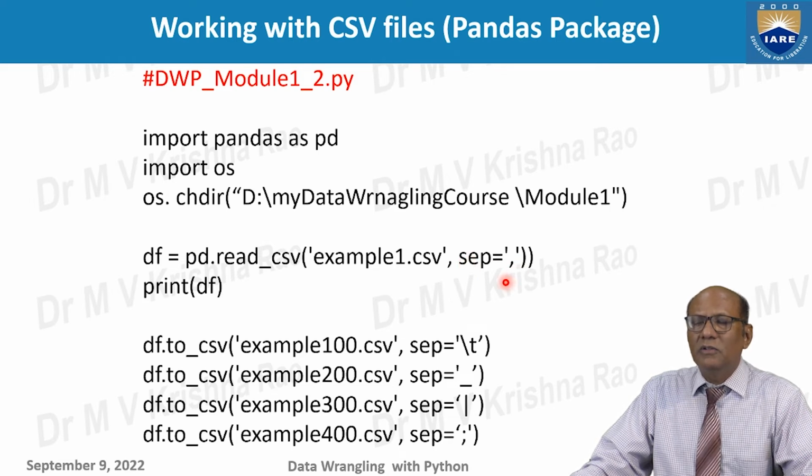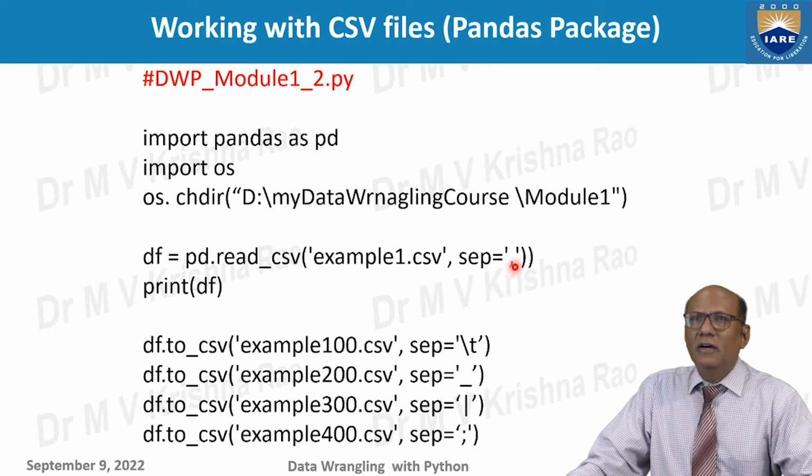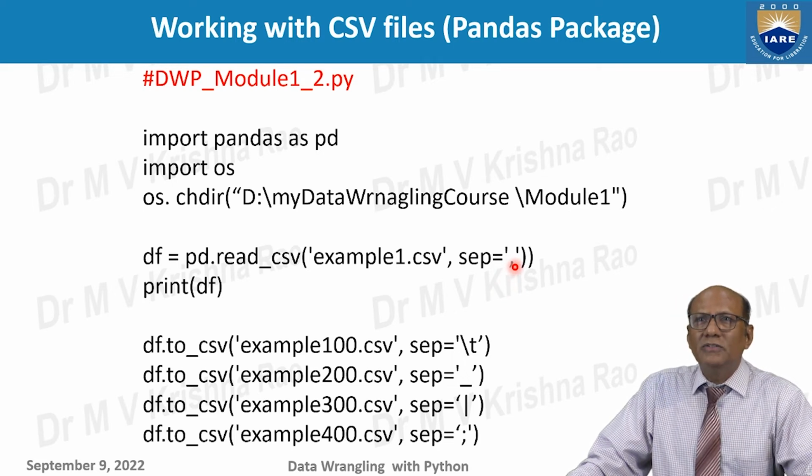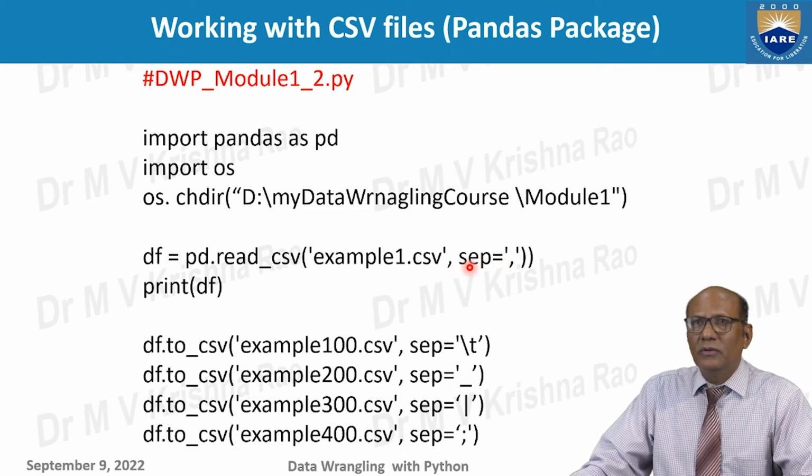Most of the CSV files have the default separator as comma, so you can skip this also, no issue. But make it a habit, because when you are going to write with separate things, if you make it a habit when reading also, you don't make human mistakes.